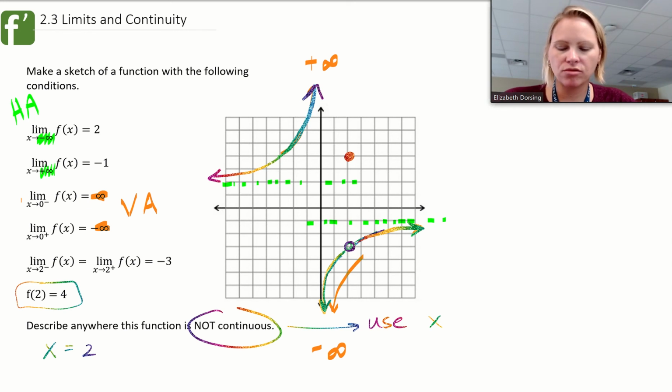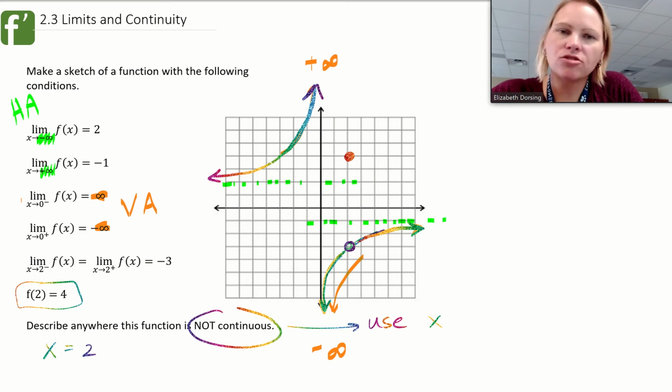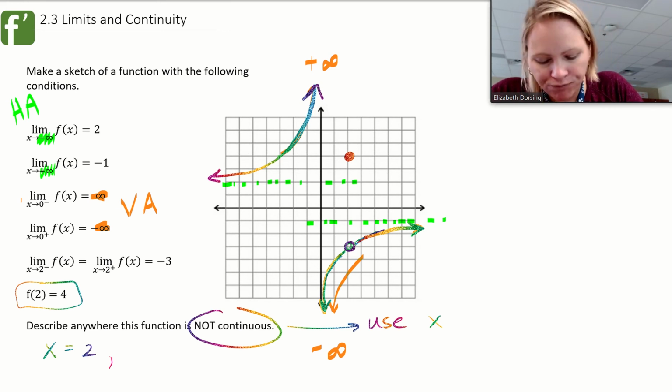As we talk through this, we're going to be getting into using what's called interval notation. Interval notation says that when I describe something, it almost looks like a set of ordered pairs. And so what I'll say for now is we're going to describe where it's not continuous by identifying the two spots and saying, well, where x is 2, it's not continuous, and also where x is 0.